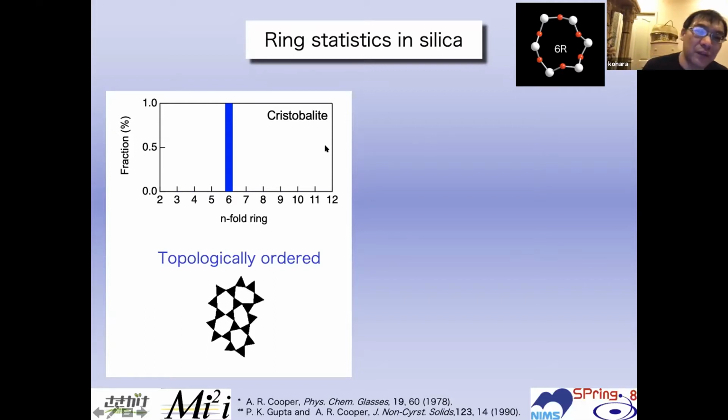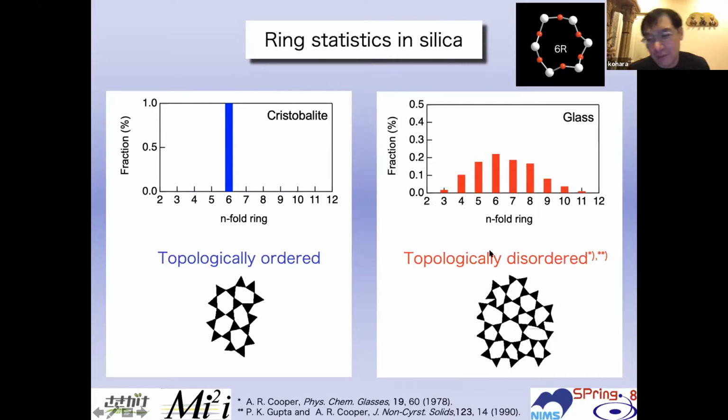And in cristobalite, a crystalline phase of silica whose density is comparable to the glassy phase, we can find only 6-fold rings. But in glass, we can see a variation of ring size, although the 6-fold ring is dominant.